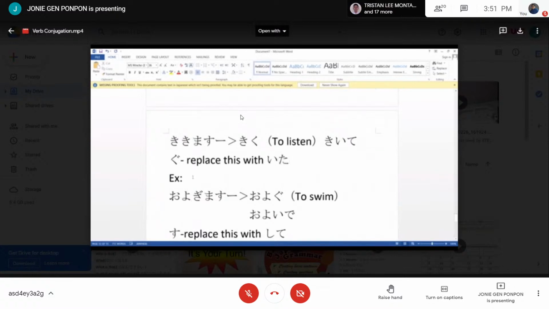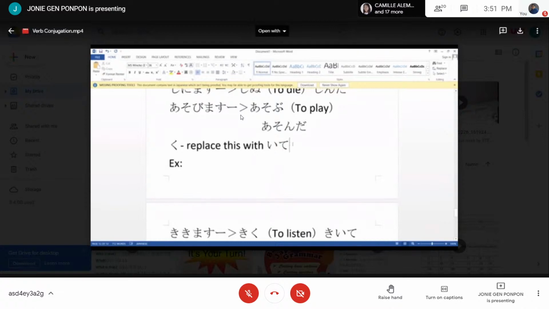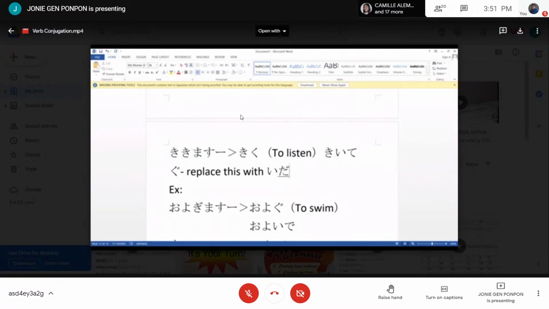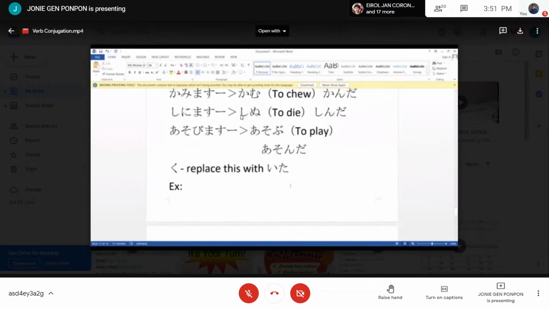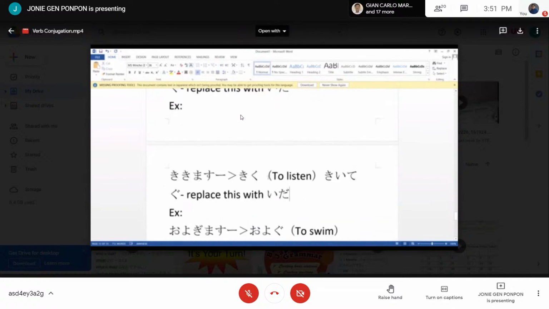Now, oyogu, we are here at ita. Okay? This one is ita. So, for ku, just replace ku with ita. Example, kiku. That will become kita. Okay? Kita. So, instead of kikimashita, kita.